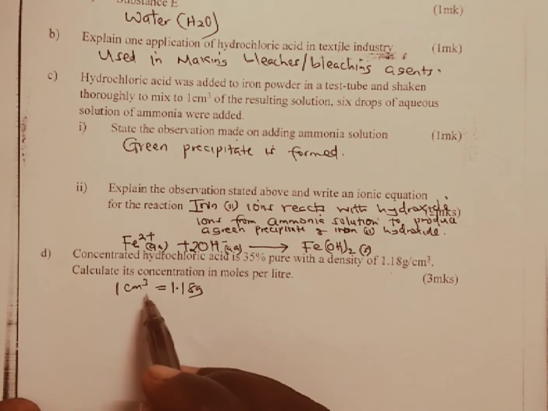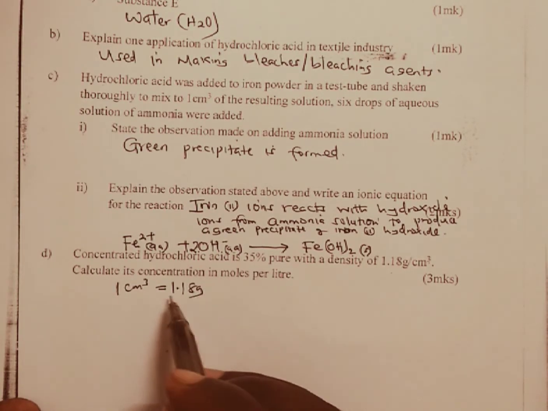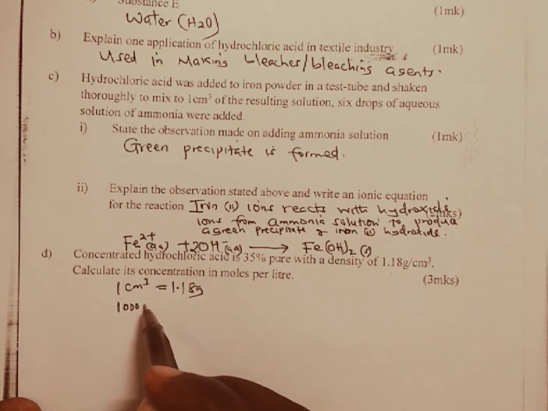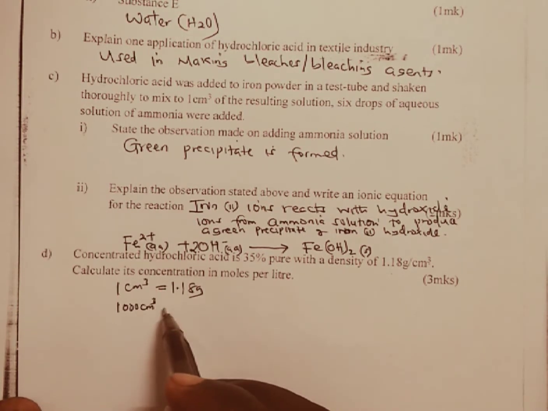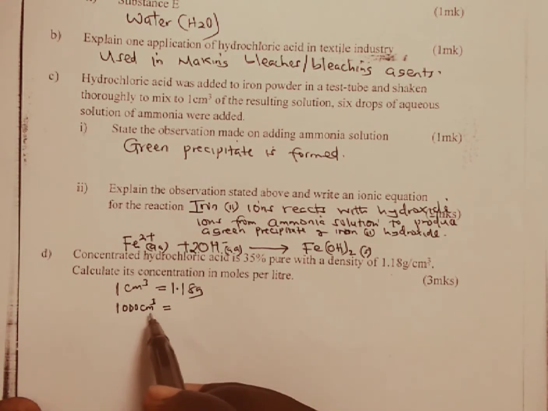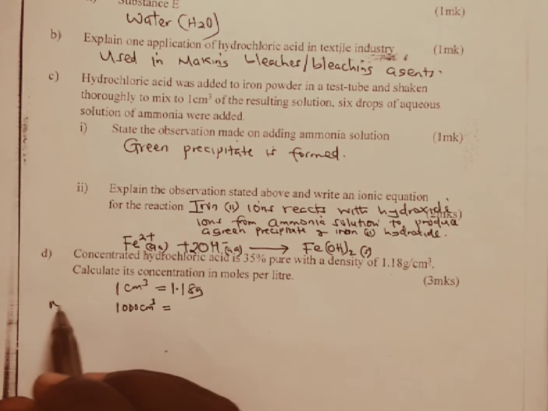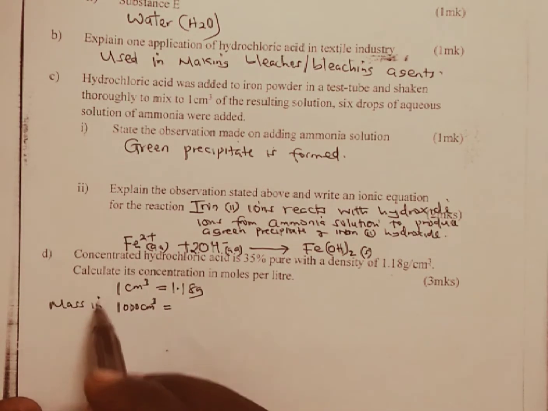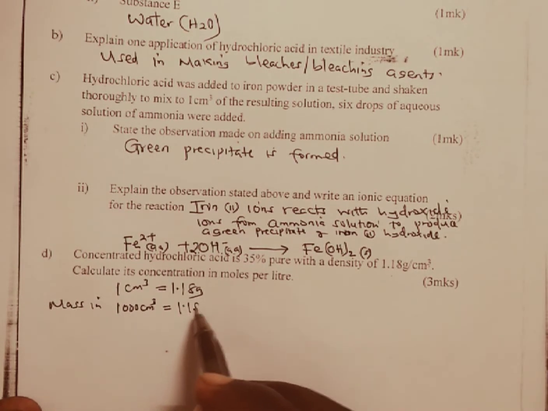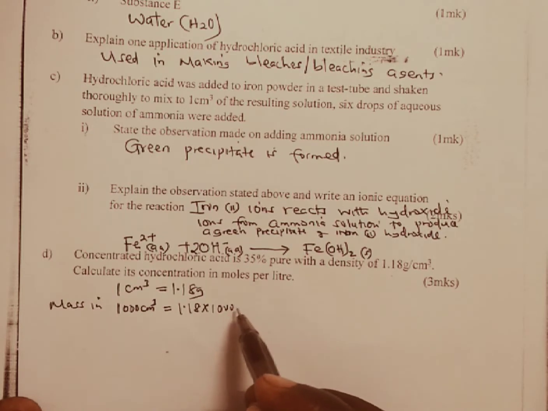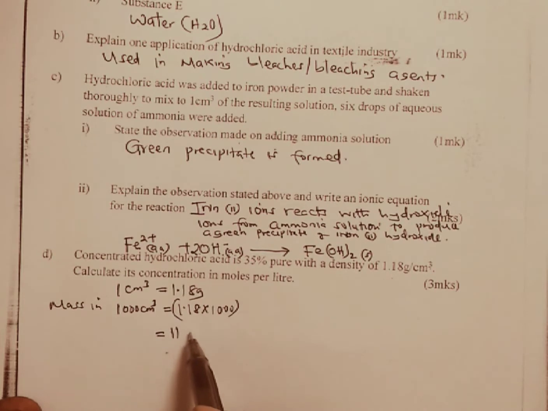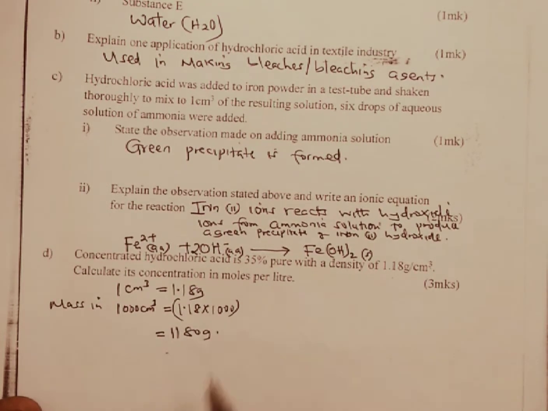So if 1 centimeter cubic contains 1.18 grams, we need to calculate the mass in 1 liter, which is 1,000 centimeter cubic. The mass in 1,000 centimeter cubic would be equal to 1.18 multiplied by 1,000, which gives us 1180 grams.